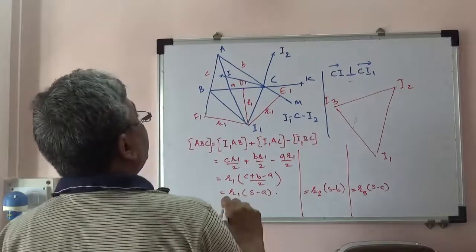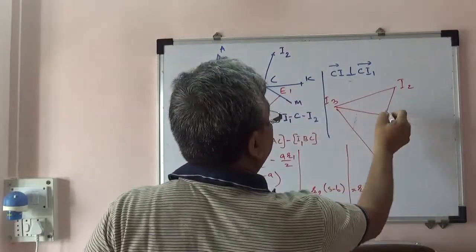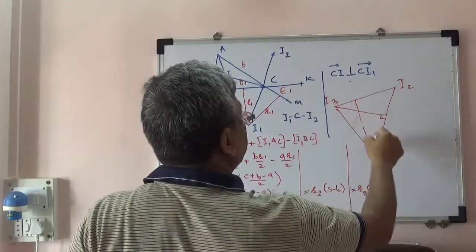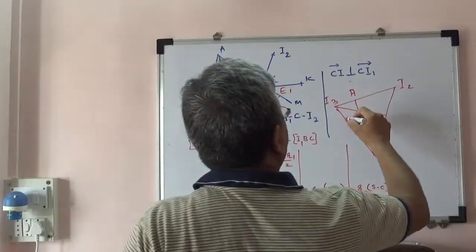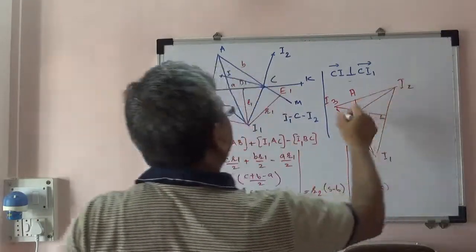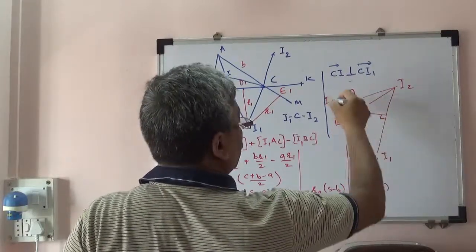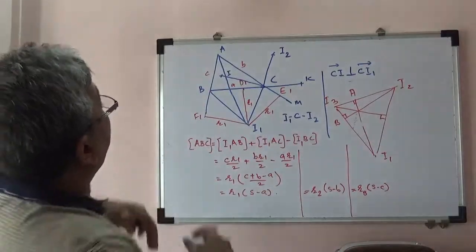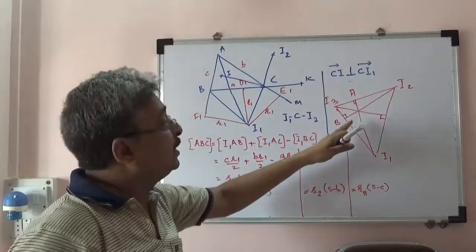And if we observe that I3C is perpendicular to I1I2, I1A is perpendicular to I2I3, and you will find that I2B is perpendicular to I1I3. So these three are perpendicular. I am just drawing. If we do everything outside B and C, then the triangle would look like this.